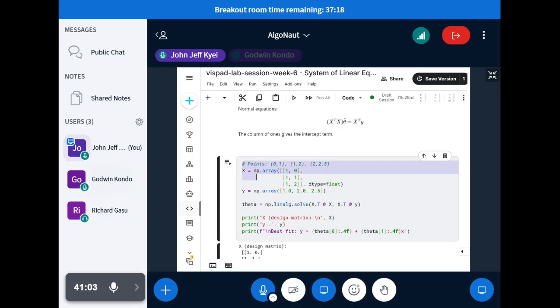We are starting almost fresh, but this is our target point that we are trying to plot: 0, 1, 1, 2 and 2.5. But then we are sort of designing our matrix. So it comes in pairs, like x and y. But here our x is already coming as 0, 1, and 2, right?